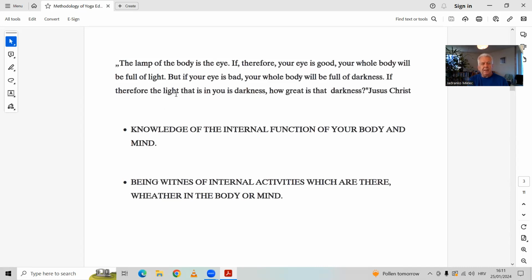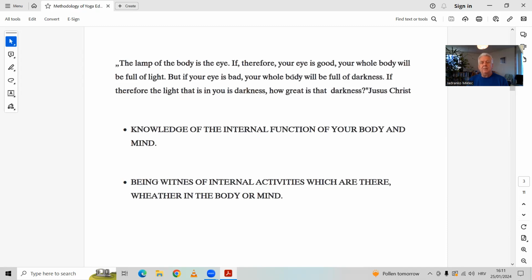If, therefore, the light that is in you is darkness, how great is that darkness? So through the proper practice of yoga, you develop proprioception more and more, so that inner awareness gets the value of the inner light.